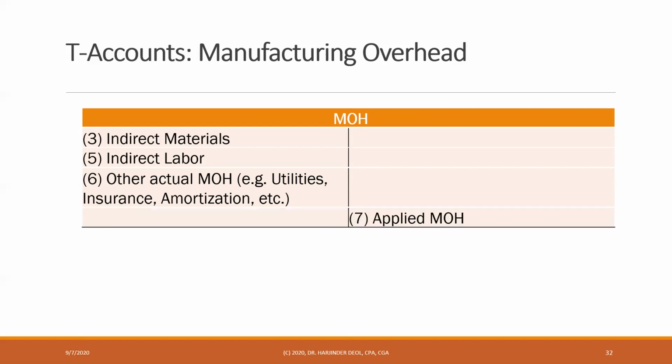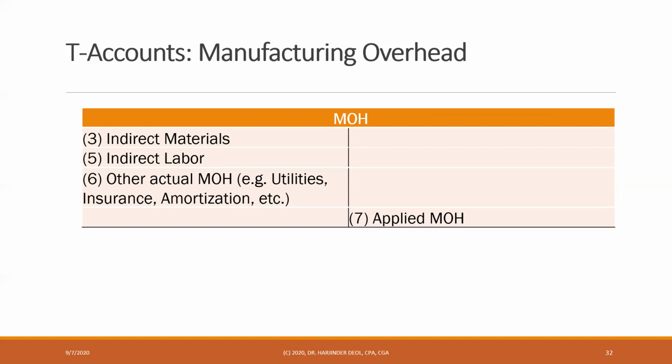On the credit side, we'll put the applied manufacturing overhead. Remember, we had debited work in process for the applied manufacturing overhead. The corresponding credit is to manufacturing overhead account.